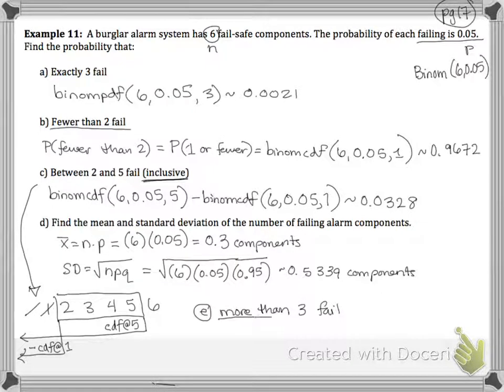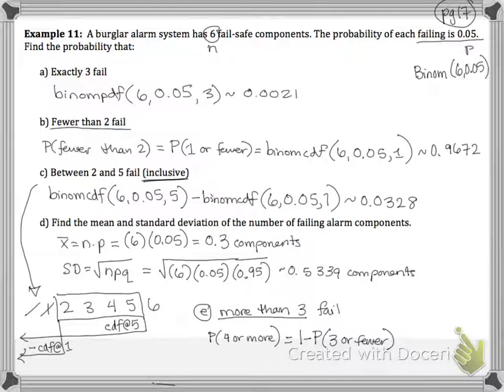But I want to think of what more than 3 means. More than 3 is 4 or more, if we want to be inclusive, because 3 can't be included. Which means that we don't want anything that's 3 or less. So we should take away the probability of 3 or fewer.